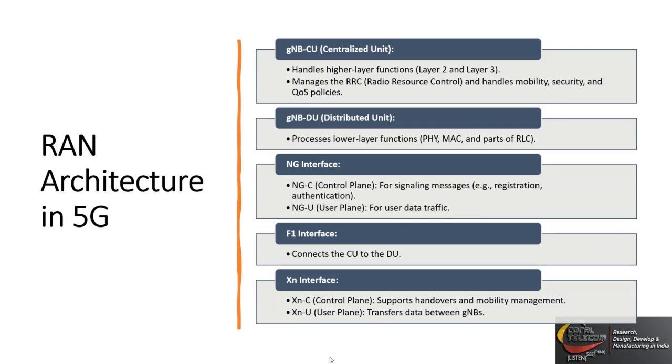Whatever packet is required to be sent to the core network is handled by the gNodeB itself, and it responds appropriately to the user requirements. So it manages radio resource control and handles mobility, security, and QoS policies. To create a specific type of resources, it is all managed by the CU.